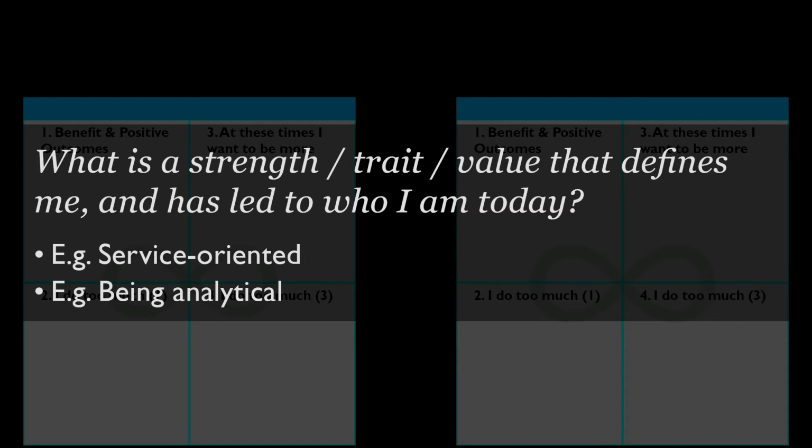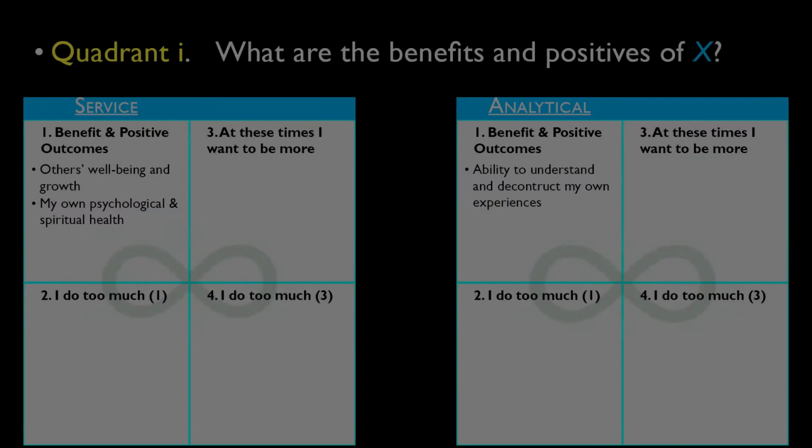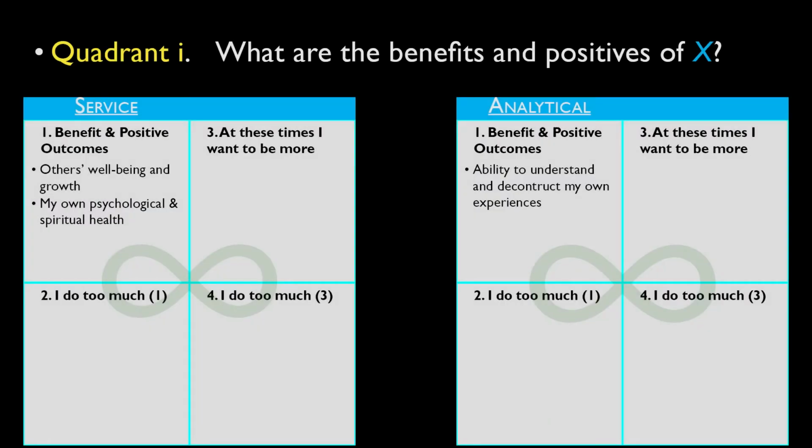I'll explain only service orientation, but the same process can be applied to being analytical also. The first thing we ask is, what are the benefits of this? When it comes to service, benefits include promoting others' well-being and growth, and also promoting my own psychological and spiritual health.